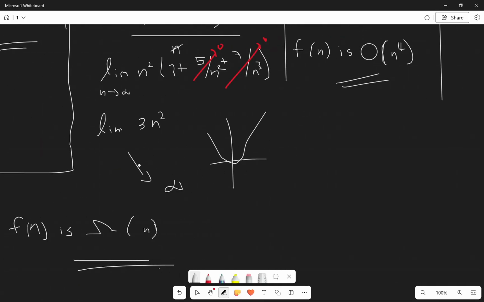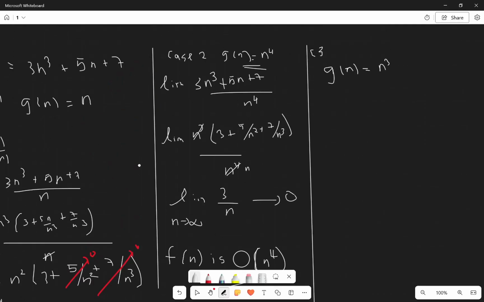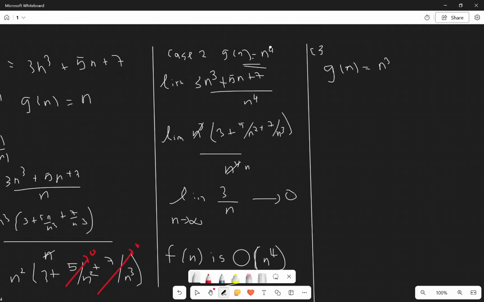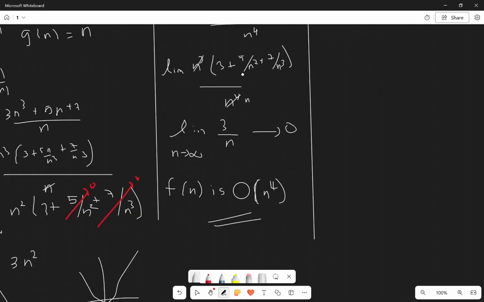Okay, so you might ask, can you use any function that's greater than n cubed, right? You can use n to the power 5, n to the power 6, n to the power 100. Yes, that's correct actually. Any function that stays above f(n) acts as an upper boundary. Therefore, you can say it's big O of whatever that function is. The thing is, we use the closest one.